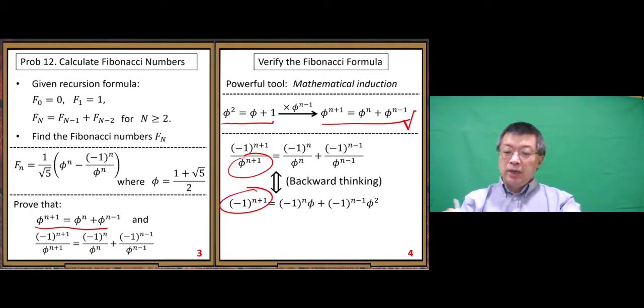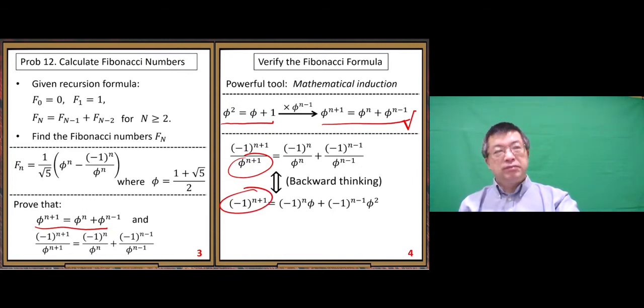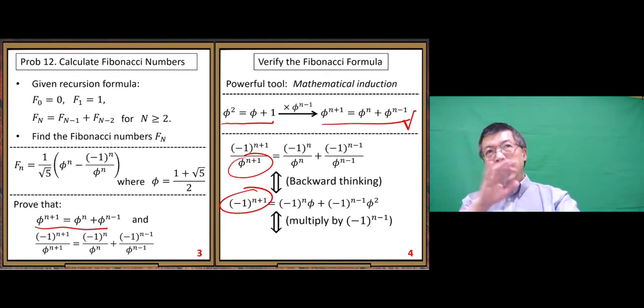Because this negative 1 to the n plus 1 looks not very convenient, we want to simplify it a little more. So this time we multiply both sides by negative 1 to the n minus 1 power.